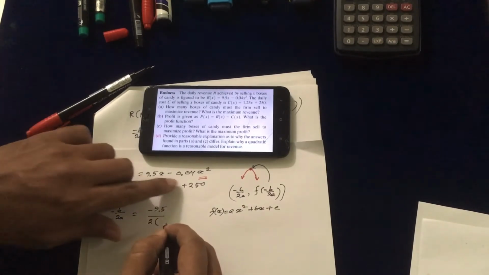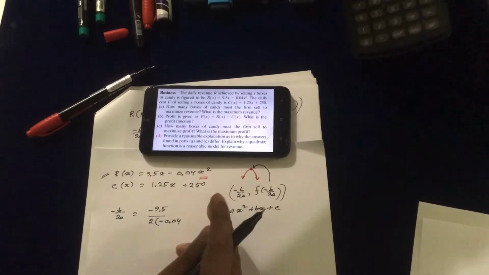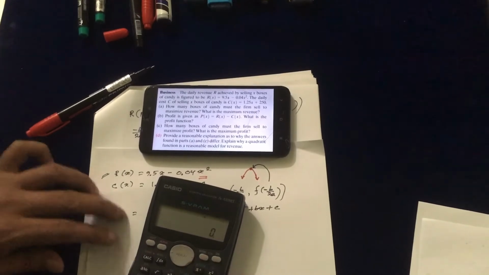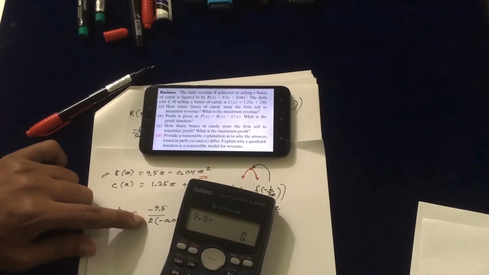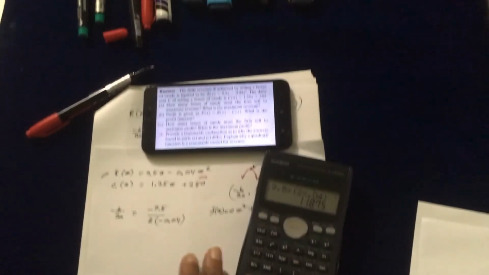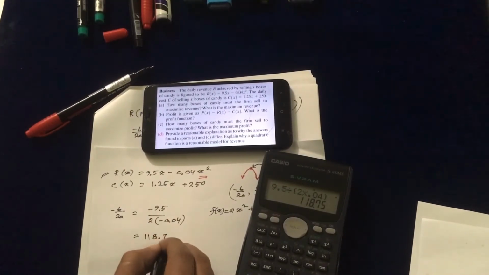2 into a means minus 0.04. Let's use the calculator to find it out. So this is 9.5 divided by 2 into 0.04, answer equals 118.75.